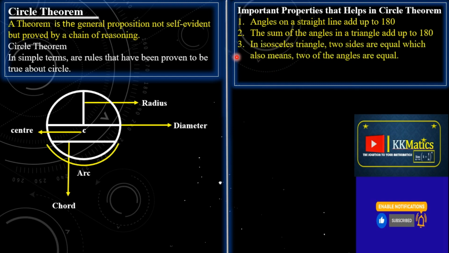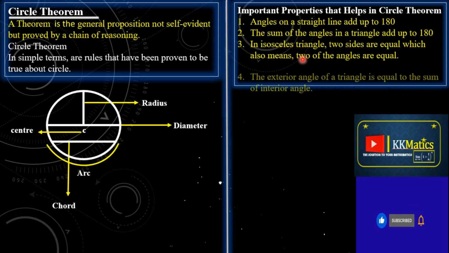The third point to consider is that in an isosceles triangle, two sides are equal, which also means that two of the angles are equal. Whenever we deal with triangles, one of the types we have is the isosceles triangle. An isosceles triangle has two equal sides, and it also means it has two equal angles.